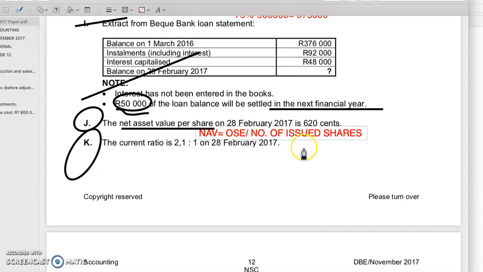Okay, so it's very important that you go ahead and you learn this. So from this, we now know that we have the net asset value per share, which is 6 Rand 20 or 620 cents, which is equal to ordinary shareholders' equity.